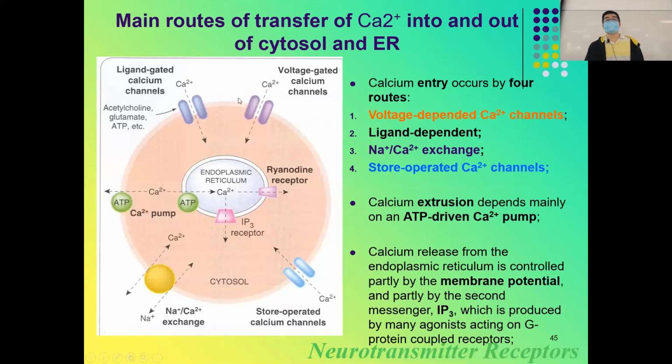Acetylcholine will be related to, for example, muscle contractions or other consequences of the activation of the neurons. Okay. So there are store operated calcium channels as well. You can see that over here.